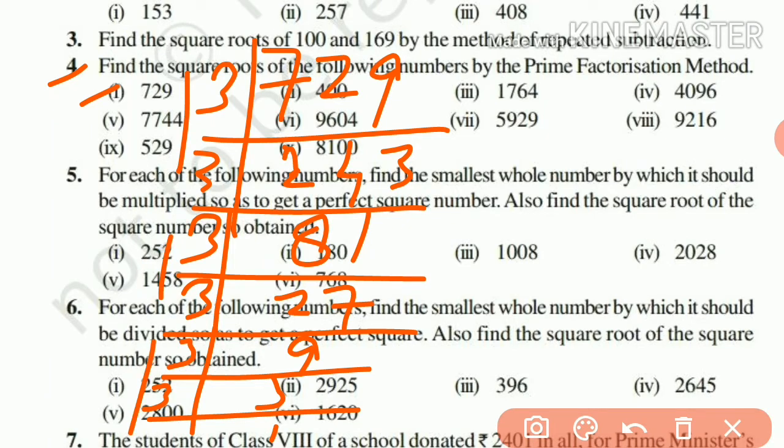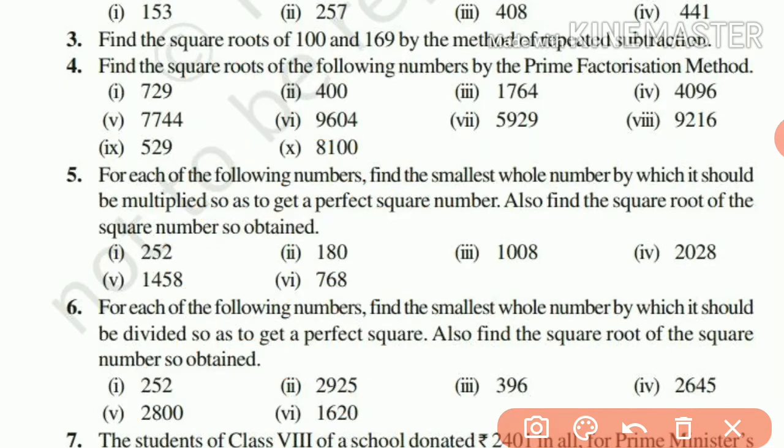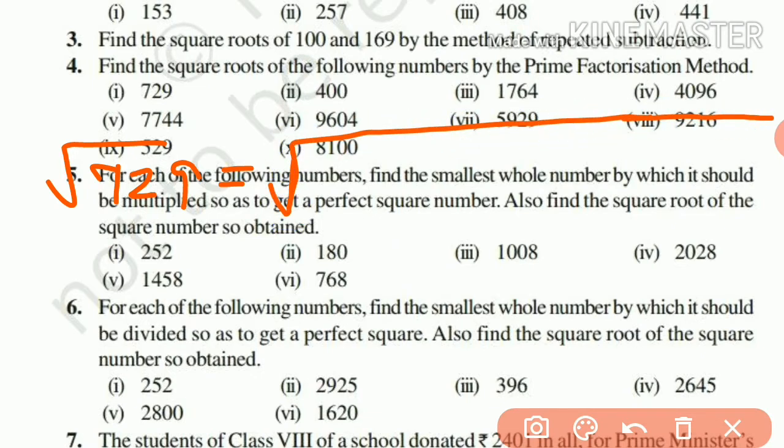So we will write the square root of 729 equal to the prime factors of 729, which are 3 into 3 into 3 into 3 into 3 into 3, 6 times.